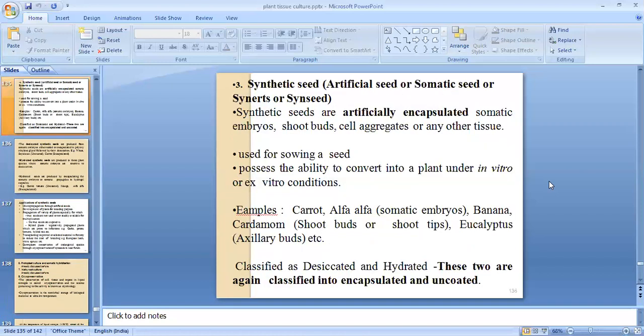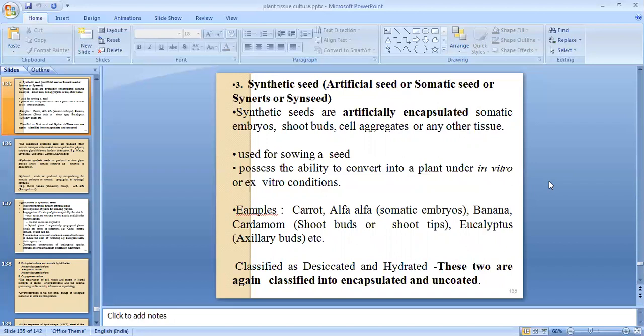And the next one is the production of synthetic seeds. Micropropagation is also helpful in the production of synthetic seeds, that is, the artificial seed, otherwise called somatic seed or synseed. There are many names for the synthetic seeds. What do you mean by synthetic seed?